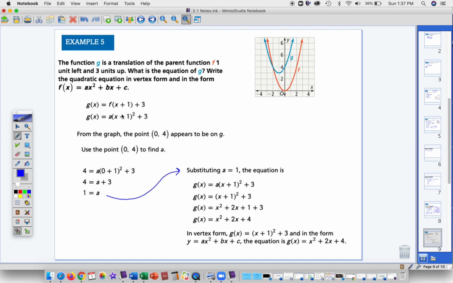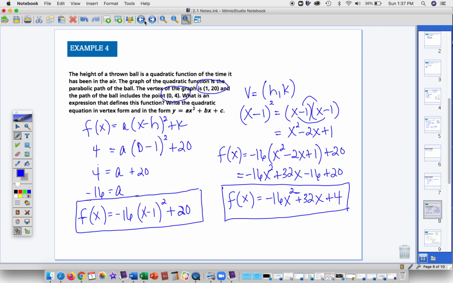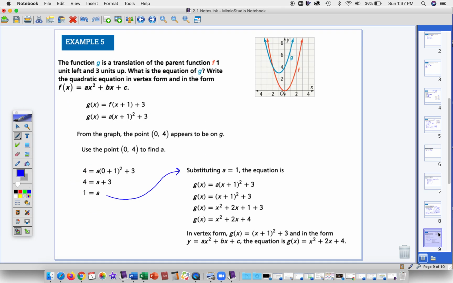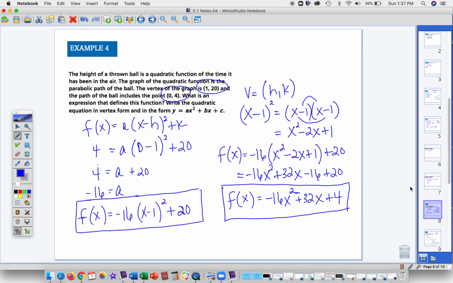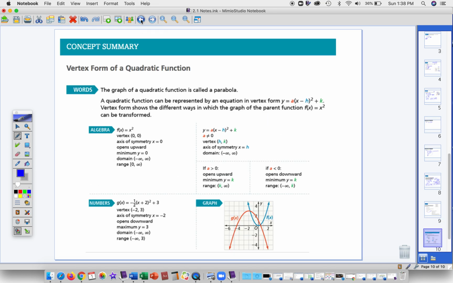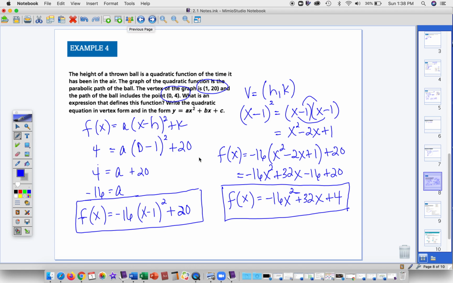Okay, let's take a look at example 5. In your notes, you should have an example 5. I'm going to stay on this page. When you are done, I wanted you to do example 5.